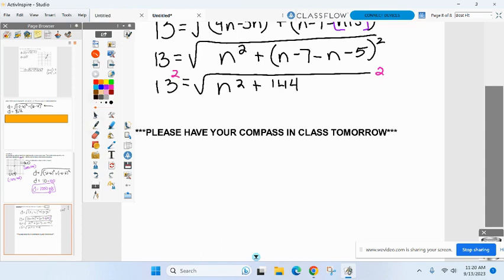So 13 squared, 169 equals, I just dropped the square root, n squared plus 144. Next move, algebra kids, algebra studs in here. Minus 144 on both sides.